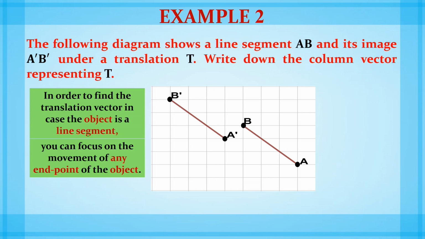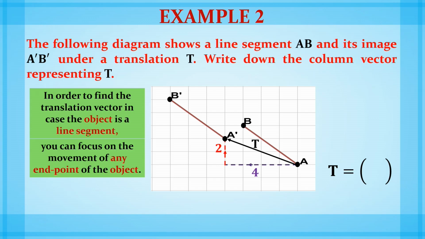Remember, first we represent the translation T on the grid by a directed line segment from object A to image A'. Next, we express the translation vector T in column form by considering the horizontal and vertical movements from the starting point A, which are 4 units to the left followed by 2 units upwards.